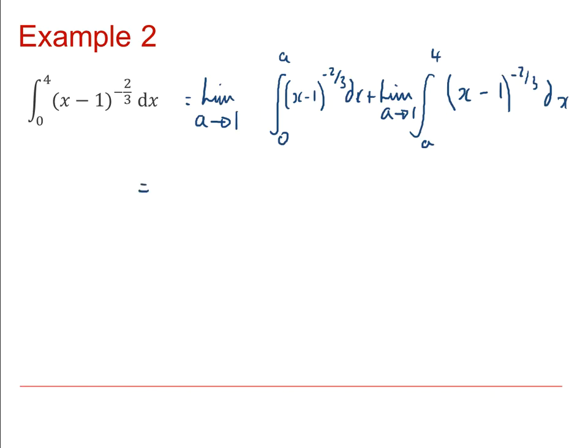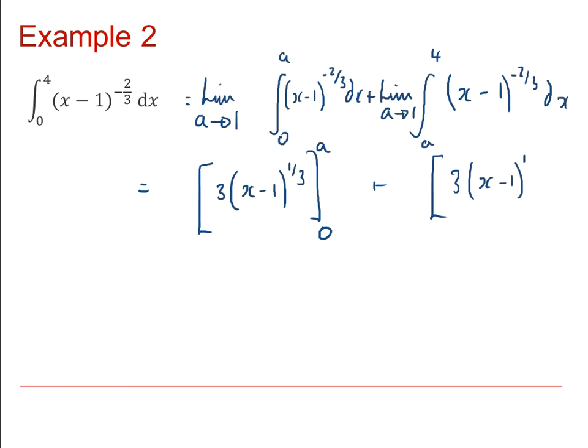The integral for both parts is 3 multiplied by (x minus 1) to the power 1/3. So we need to evaluate that from 0 up to a, and from a up to 4, and then consider the limit of each of those as a approaches 1.